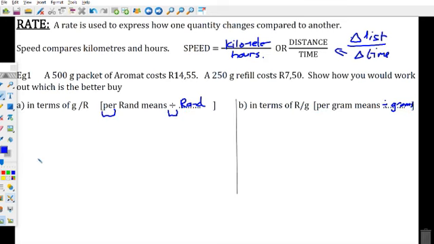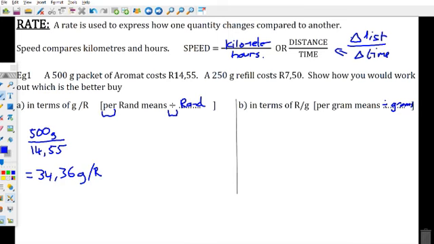So let's look at it in this way first. If we have 500 grams of Aramet and we're dividing it by rand, so we have divided by 14.55. So 500 divided by 14.55, you're going to get, to two decimal places, 34.36 grams per rand.